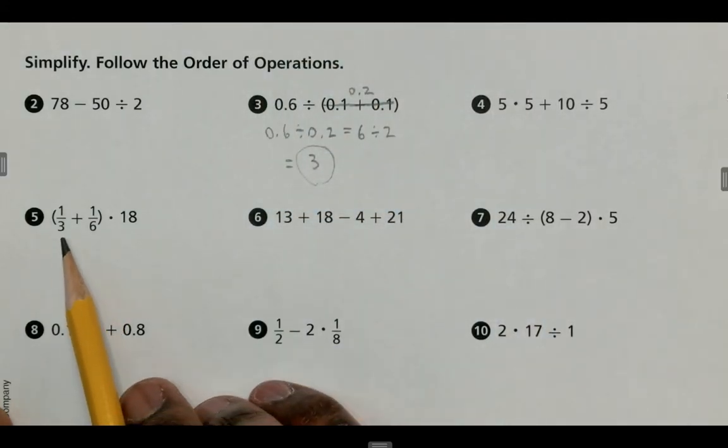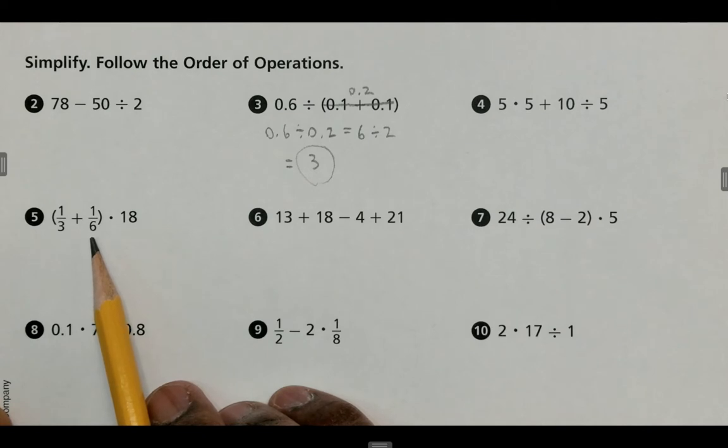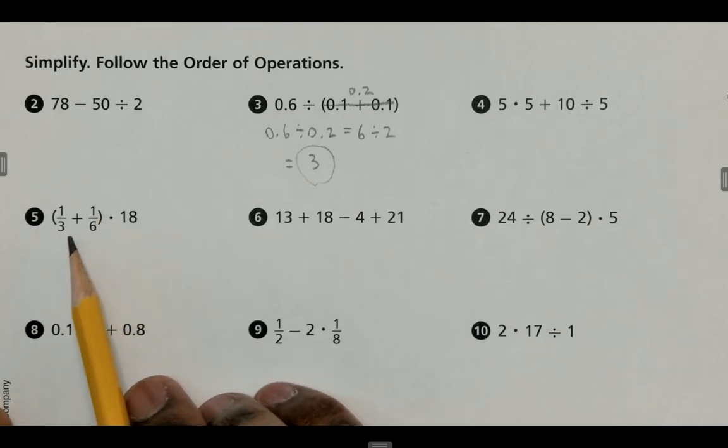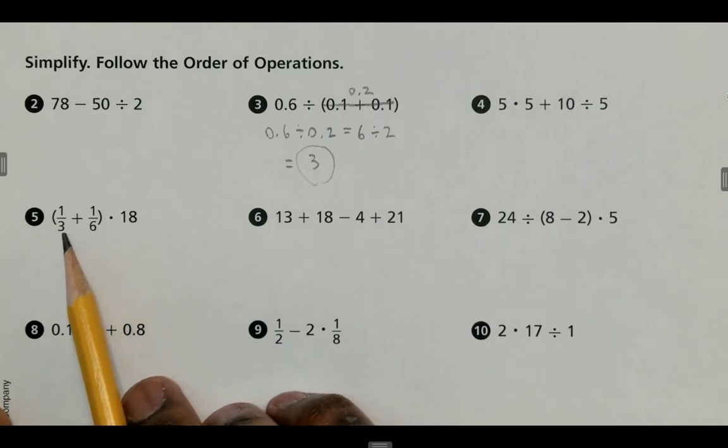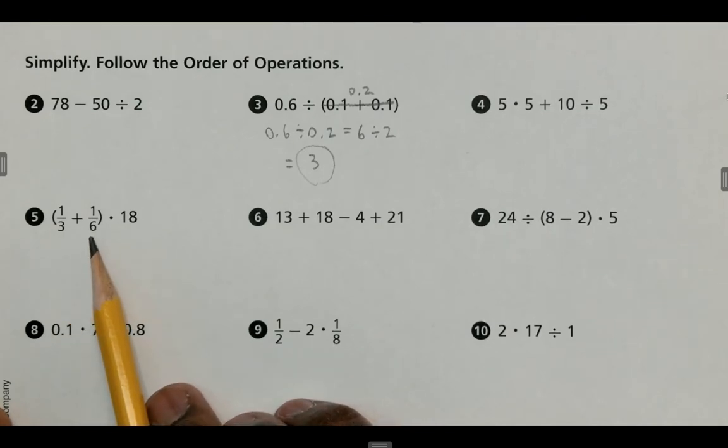Number 5, 1/3 plus 1/6, the sum of these fractions multiplied by 18. We'll do the parentheses work first, but before we add, we need a common denominator. 6 will work here.